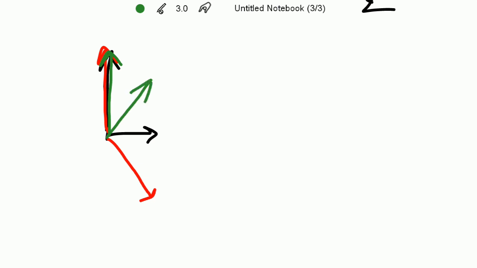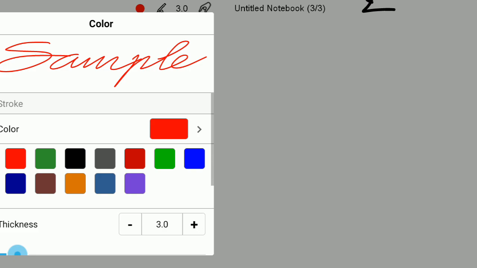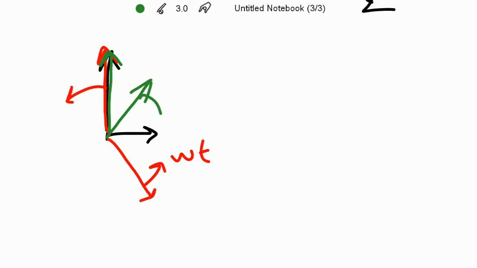Now if you observe, the red ones are rotating in clockwise with omega t, and the green ones are rotating in anti-clockwise with omega t speed. Now let me draw the resultant separately for a moment.